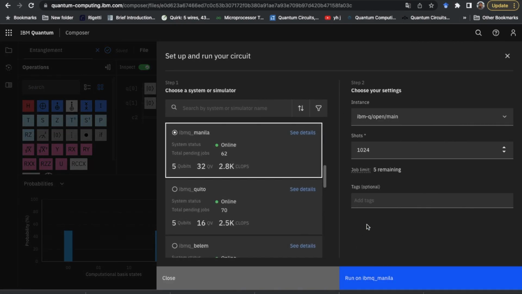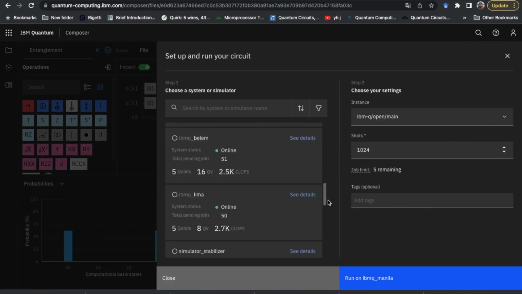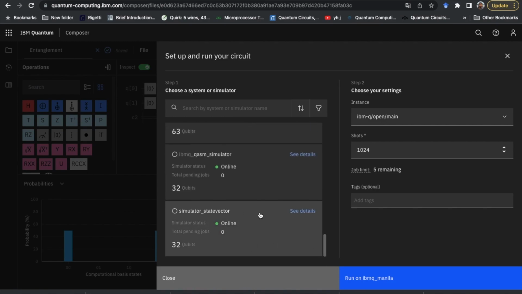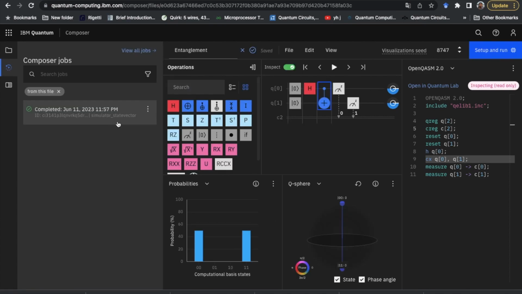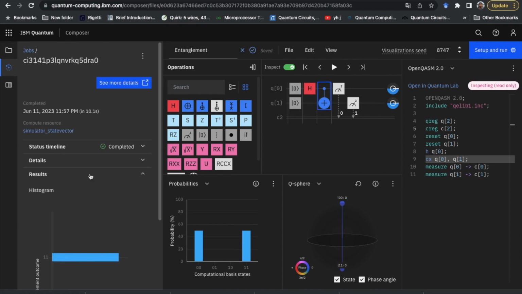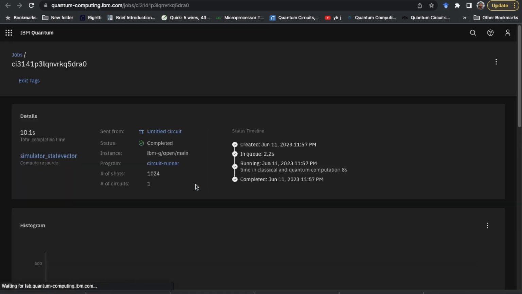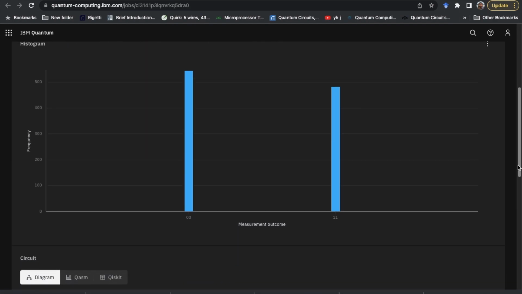Now if you run through the simulator, the state vector, the process is completed. This is the output, see more details. This is the output of this circuit.